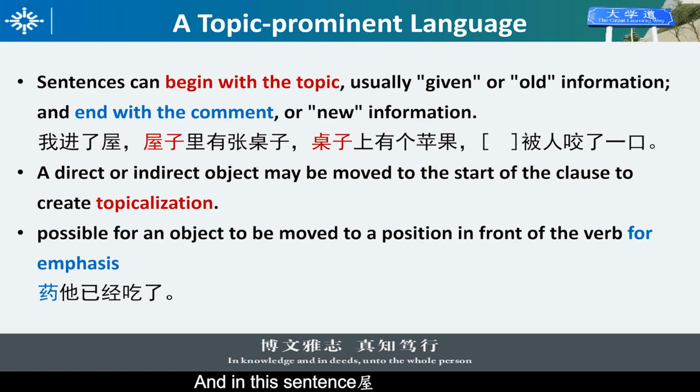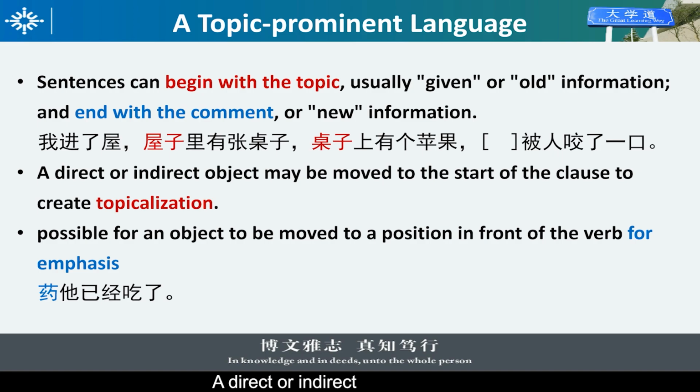In this sentence, 屋, the room, is mentioned. Then the room, 屋子, becomes the subject of the next clause: 屋子里有张桌子，桌子上有个苹果. The 屋子 and 桌子 are actually positions, places. They are not the agent, not the actor of an action. They are only places, but in Chinese it's natural and acceptable to treat them as the subject of a clause.